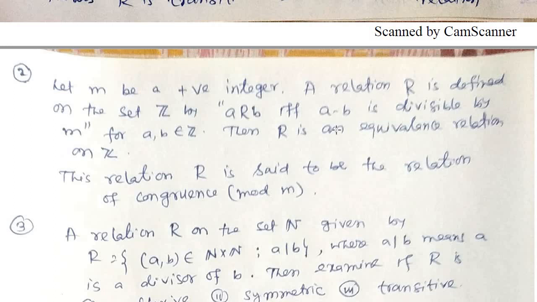We just put m instead of 5. This has a special name: the relation of congruence modulo m. So the first example is the relation of congruence modulo 5, and this is congruence modulo m. Now we will see another example.